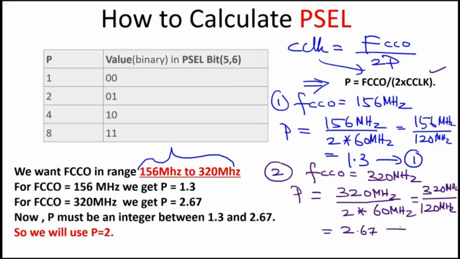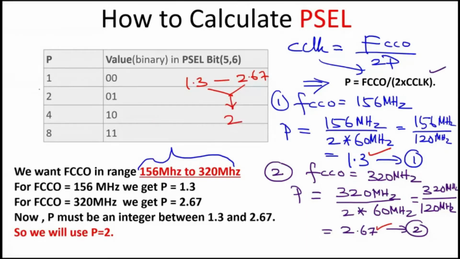That is case 2. In the first case you have 1.3. In the second case you have 2.67. So what is the round number between 1.3 and 2.67? You have to choose a round number between 1.3 and 2.67, and that is 2.